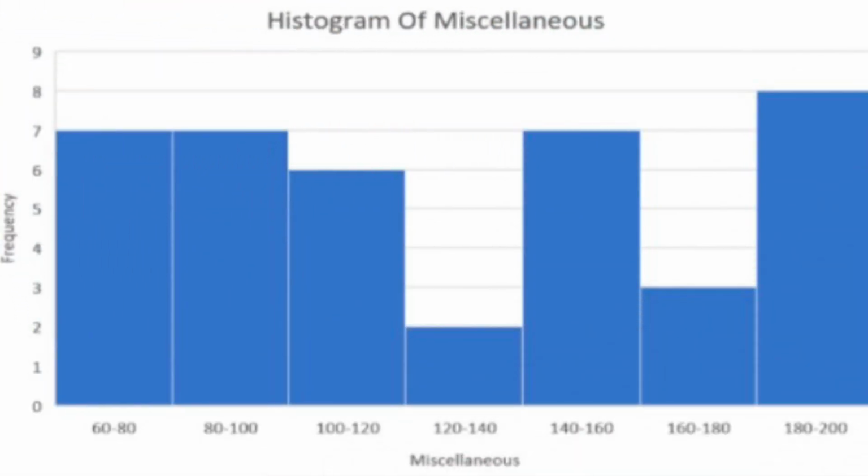So here is the histogram that we have collected from our data, and we can see that the range of 180 to 200 is the highest with a frequency of 8, and 120 to 140 is the lowest with a frequency of 2.